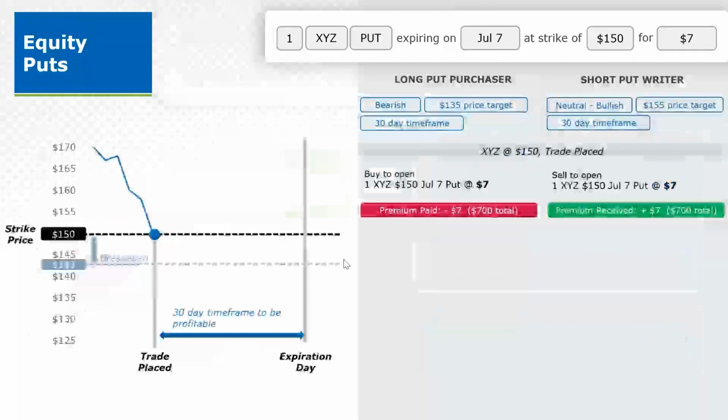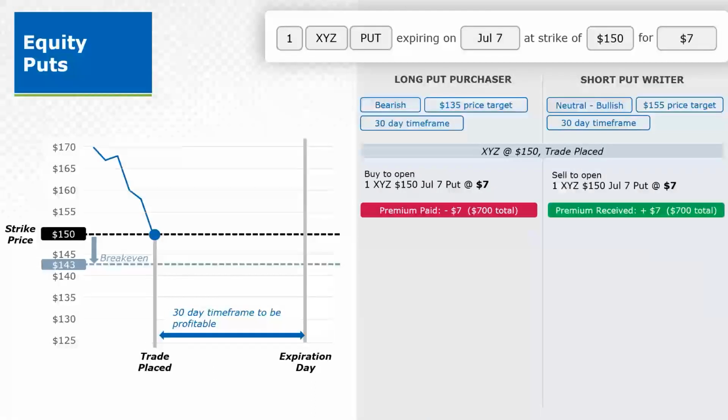So going over to a similar comparison here, we have stock XYZ, and we have two different investors. One is a bearish investor, another one is a neutral to bullish investor. The bearish investor decides to buy a put option. He believes that the price will reach 135, and buying a put option gives him the bearish exposure he needs.